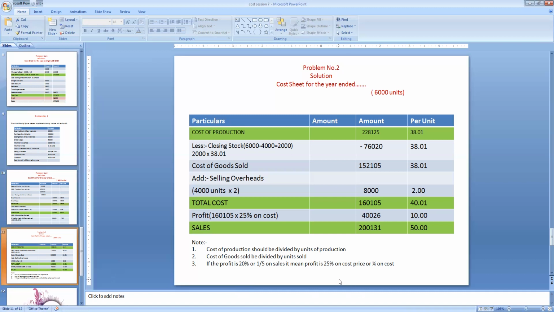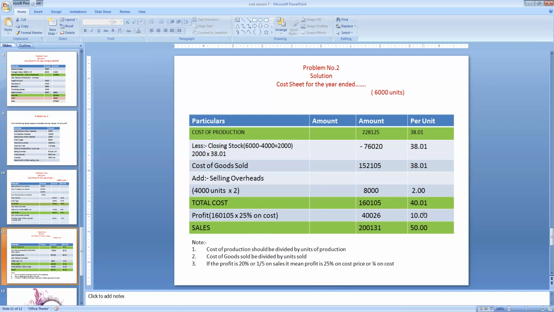If you calculate on cost, it is 1/4 on cost. Since the sales value is not given and we only know the cost value, we need to calculate with the cost value, that is 25% on cost. The profit on the total cost of 1,60,105 has to be calculated at 25% on cost. It comes to 40,026 rupees.